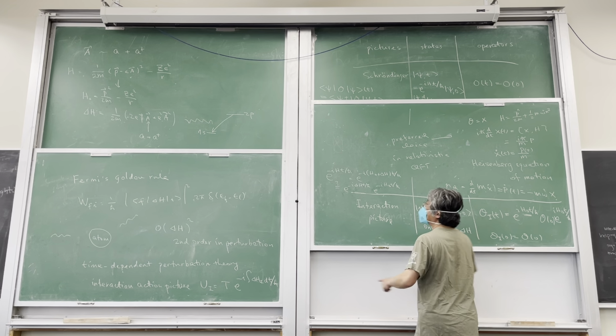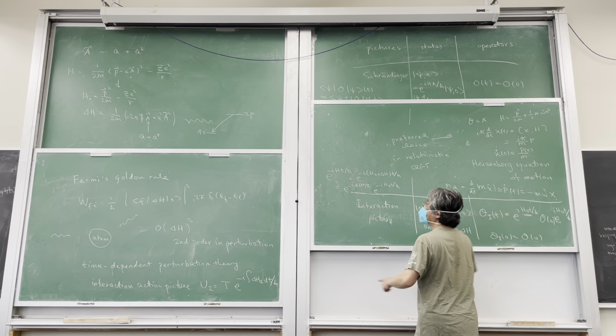So clearly, the key object to look at in this interaction picture is this time evolution operator due to the perturbation of the system. So we'd like to work out U_I. But before doing anything, you actually know what U_I is, because what I have done, again, is to keep this expectation value the same in all pictures.